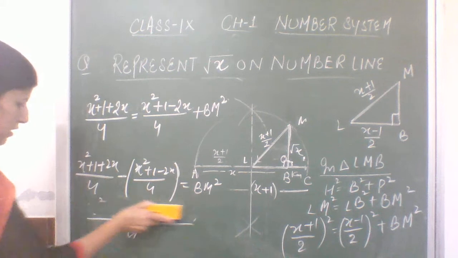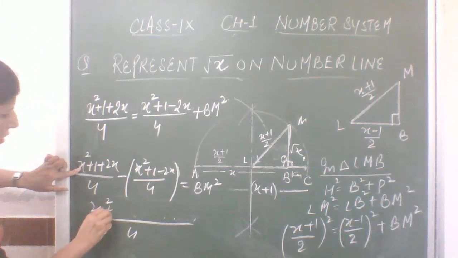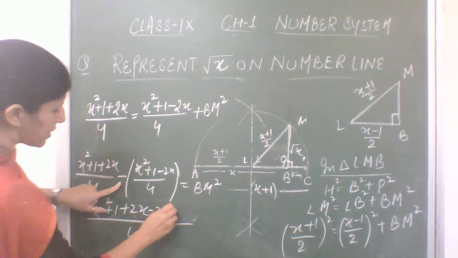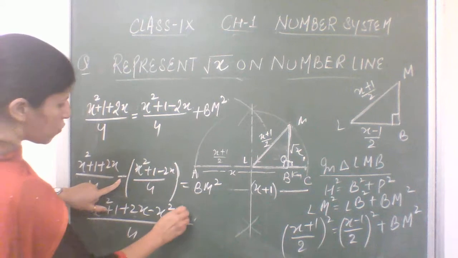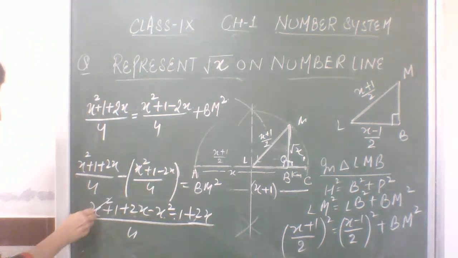Let me rewrite it here. This is x square plus 1 plus 2x. Open these brackets. Minus x square minus 1 plus 2x. X square positive, x square negative cancel. Positive 1 negative 1 cancel.